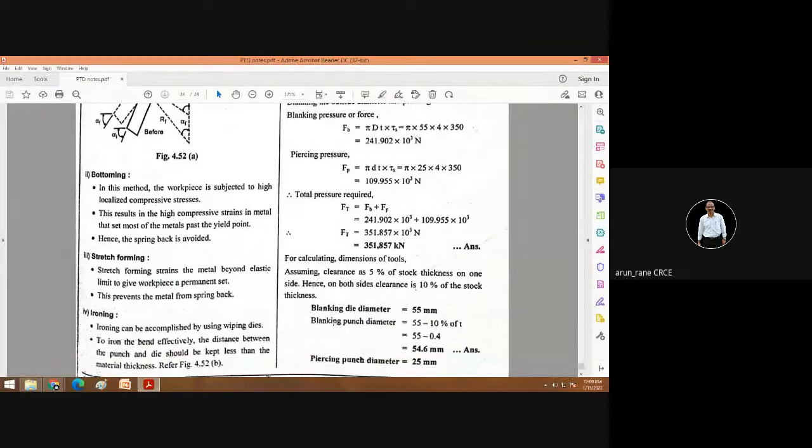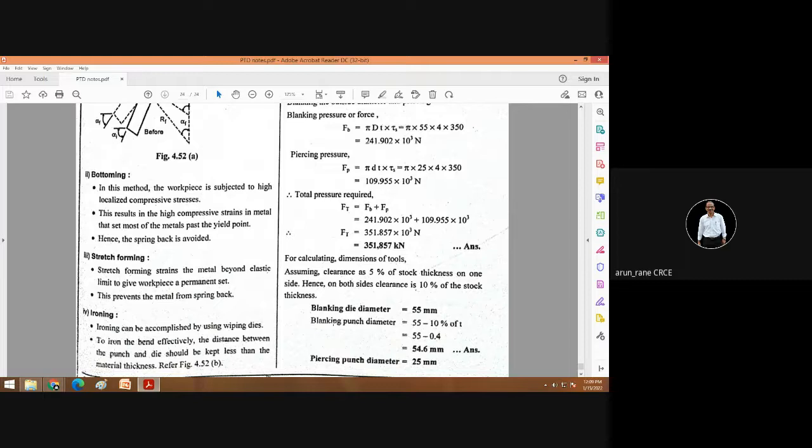Now how to calculate the tool dimension? Tool dimension means what? The blank diameter: the blanking die diameter and the blanking punch diameter. Similarly, the piercing punch diameter and the piercing die diameter. Now here you have to remember, very very important: if it is a blanking operation, then the blanking die size has to be the same as the desired size.